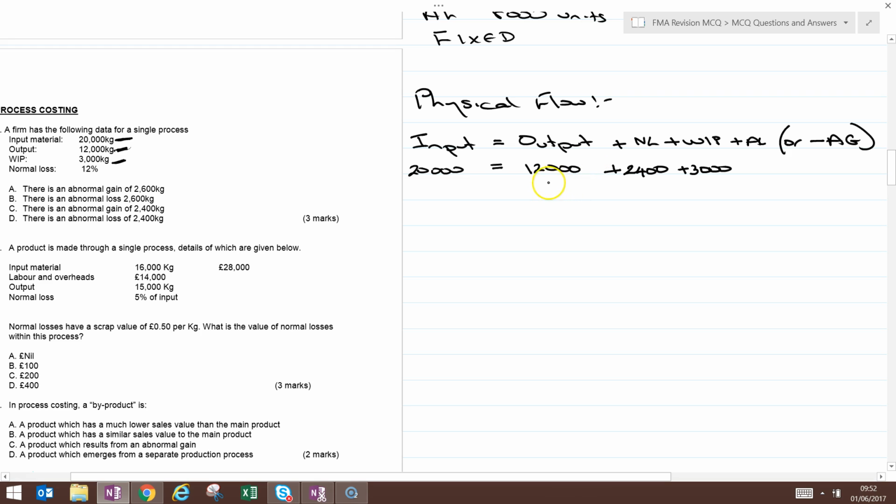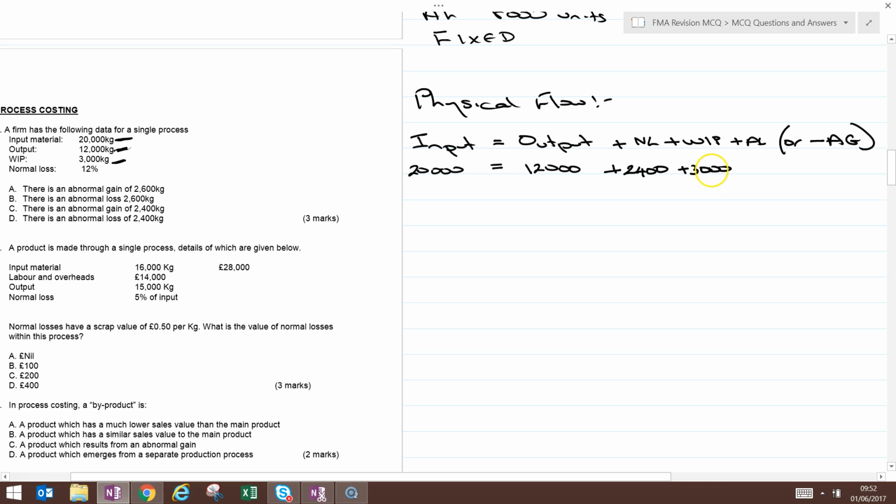So what we need is on the right hand side of the equal sign, all of this has to add up to what's on the left hand side of the equal sign. So it all has to add up to 20,000. At the moment we've got 12,000 plus 2,400, so 14,400, plus 3,000 is 17,400.